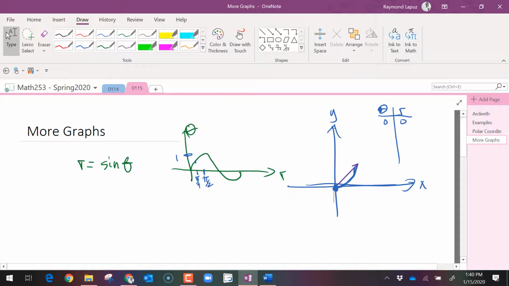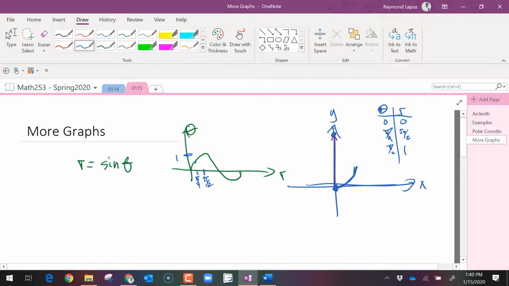And then as I keep moving this, it would grow to 1. So pi over 4, root 2 over 2, pi over 2, I'm at 1.